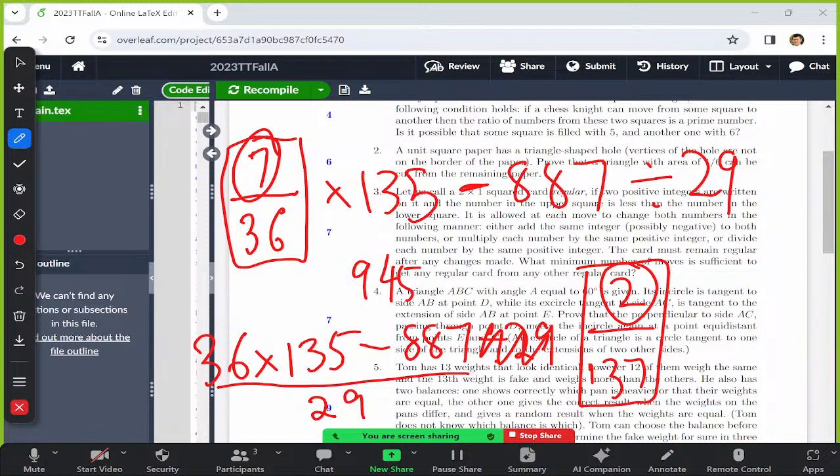Michael, what are you doing? What's 36 times 135? 36 times 135. 4,800.